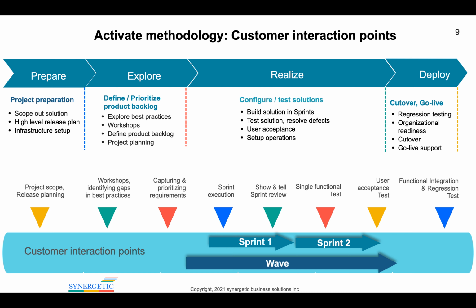You become one team, and at every interaction point, whether it's in the workshop, in the show and tell, or in the single functional test, you have the opportunity to get feedback from the customer and incorporate it into the sprint review. Since realization is an iterative way of development that happens in sprints, there's opportunity to incorporate the feedback from the customer.